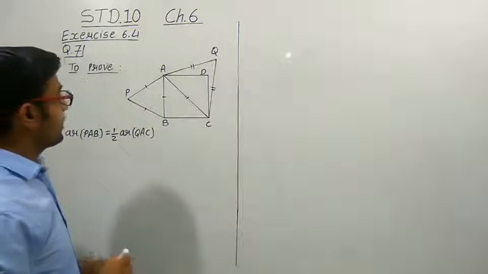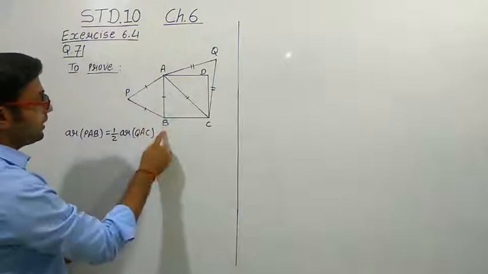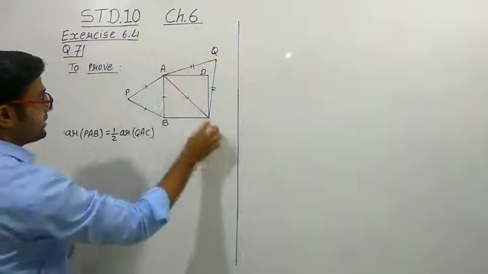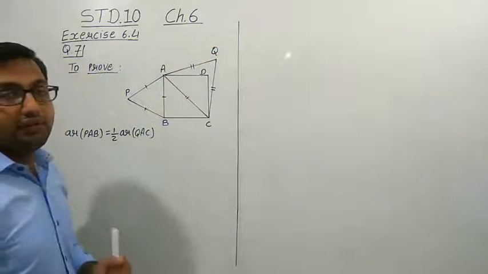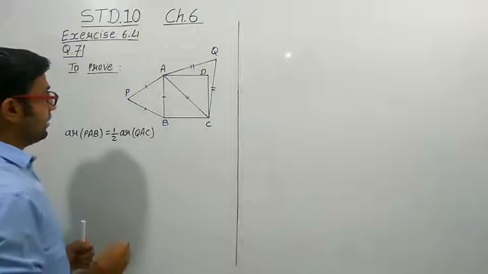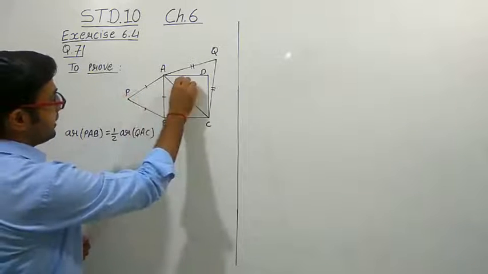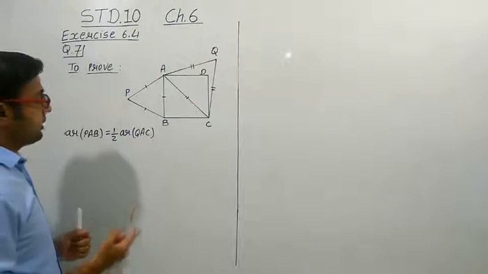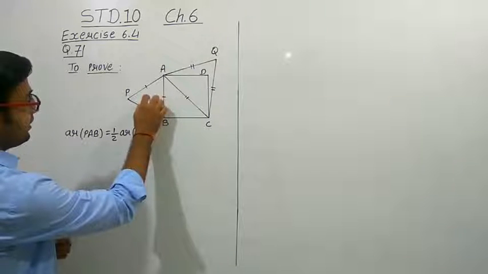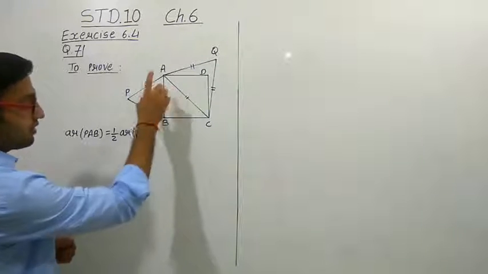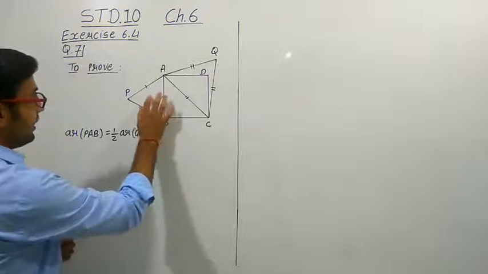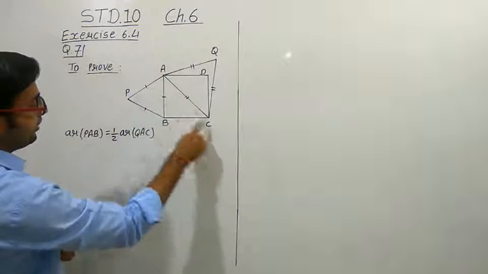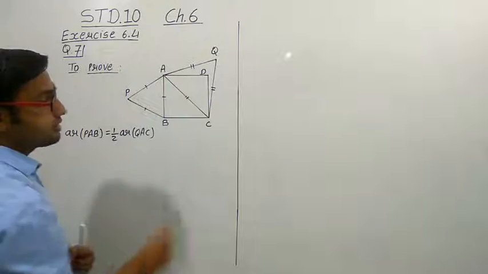So here two triangles are there, PAB, an equilateral triangle. In the same way, QAC is also an equilateral triangle. We know that in equilateral triangles all sides are equal, right? Okay, and what we have to prove? We have to prove that the area of the triangle described on one side of the square is half the area of the triangle described on the diagonal of this square.